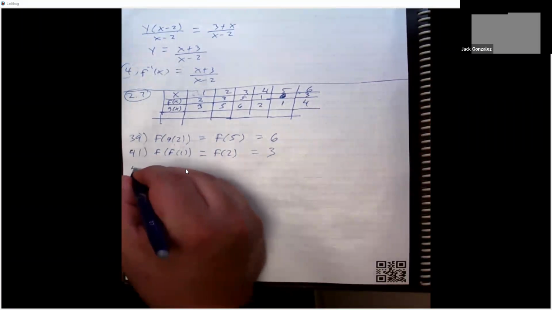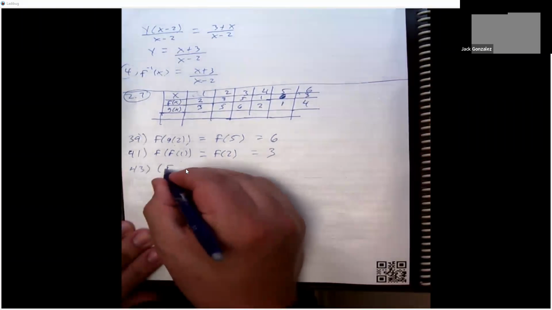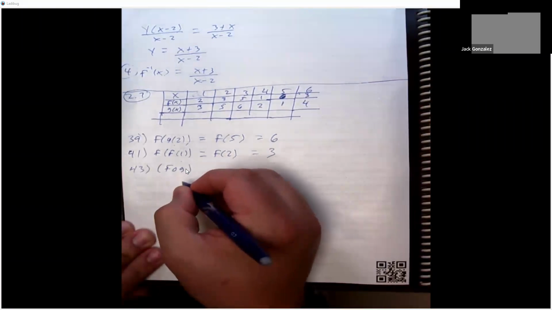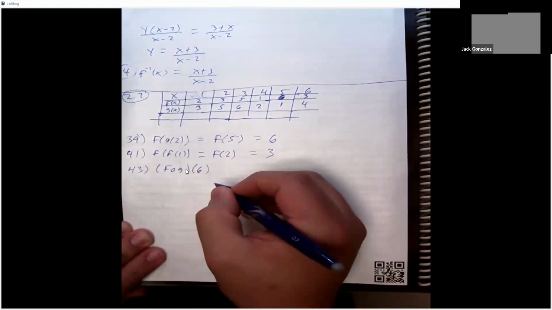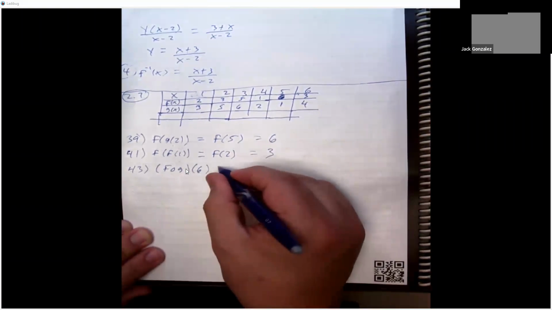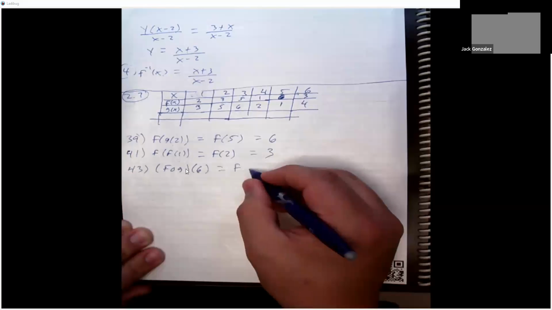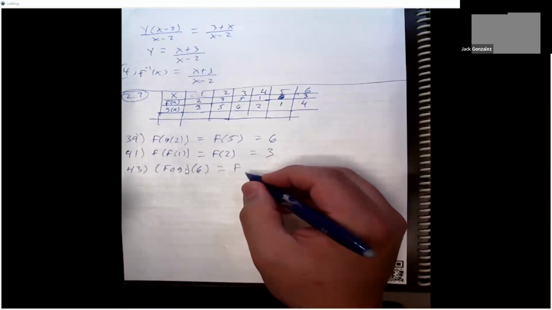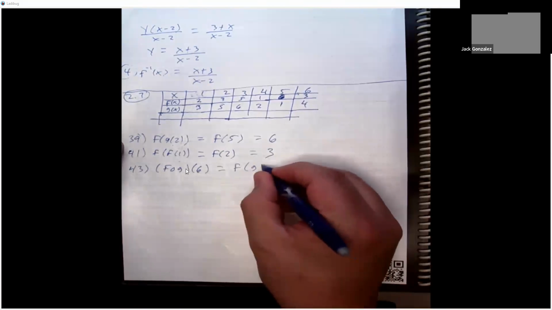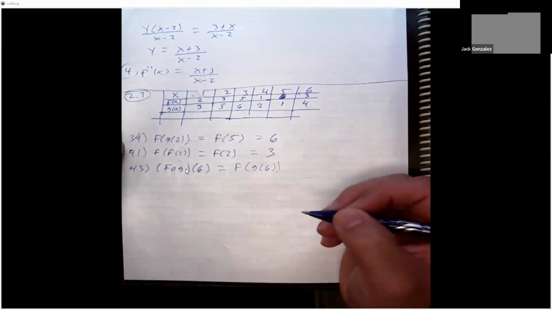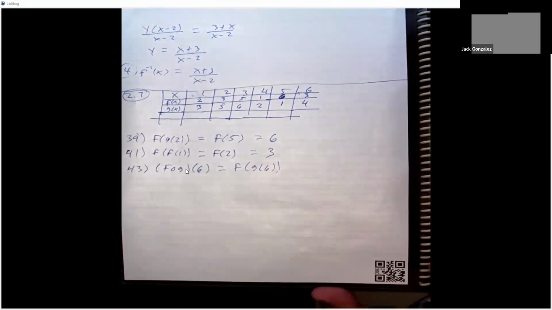Number 40. Do one more since we drew this box and spent so much time on it. F of G of 6. This is composition, so it's different. That means F of G of 6, right? Remember what the notation means.